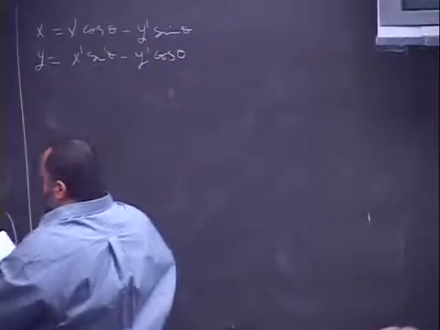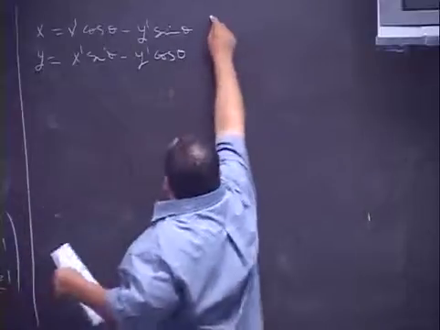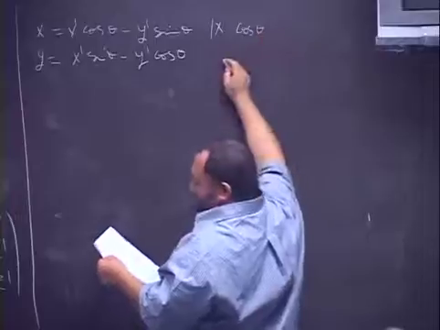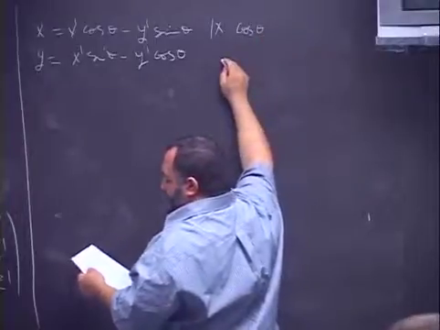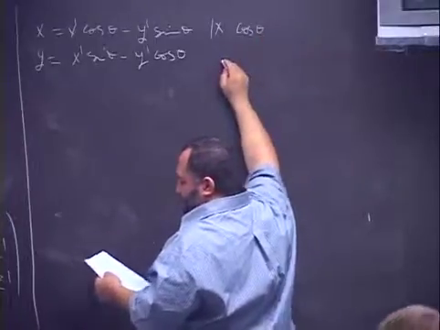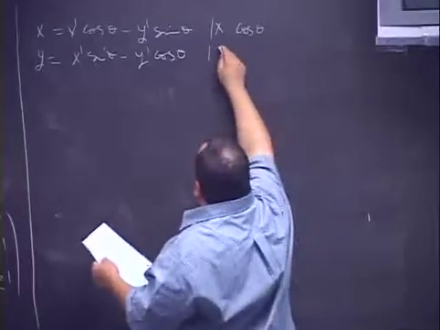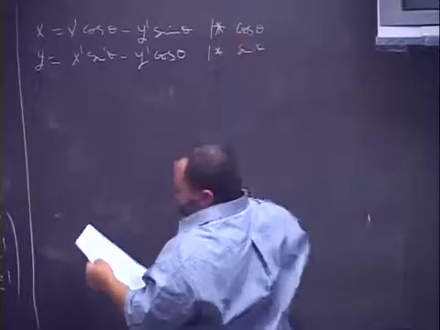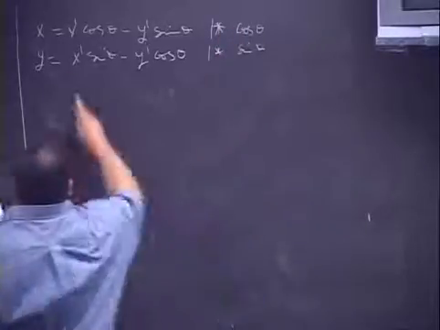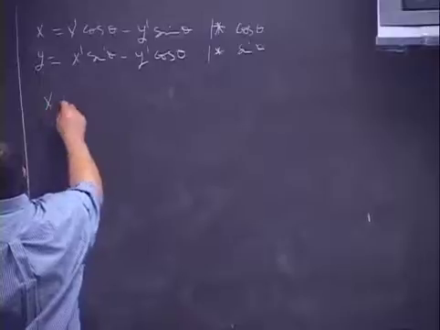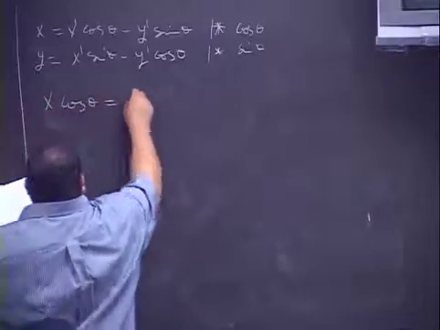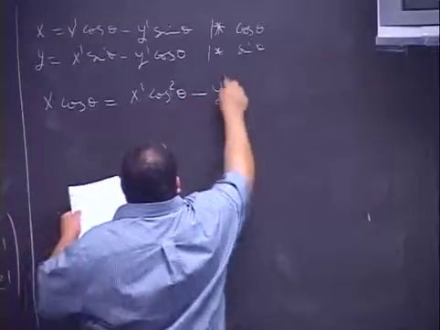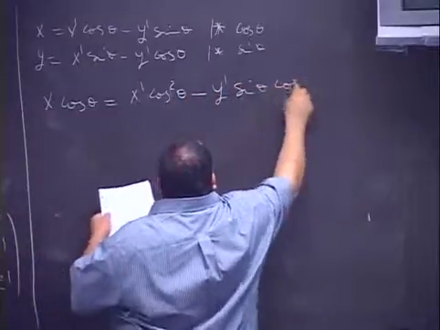So if you multiply the first equation by cosine theta, and you multiply the second equation by sine theta, all you will do here, this will be x cosine theta equal to x prime cosine square theta minus y prime sine theta cosine theta.